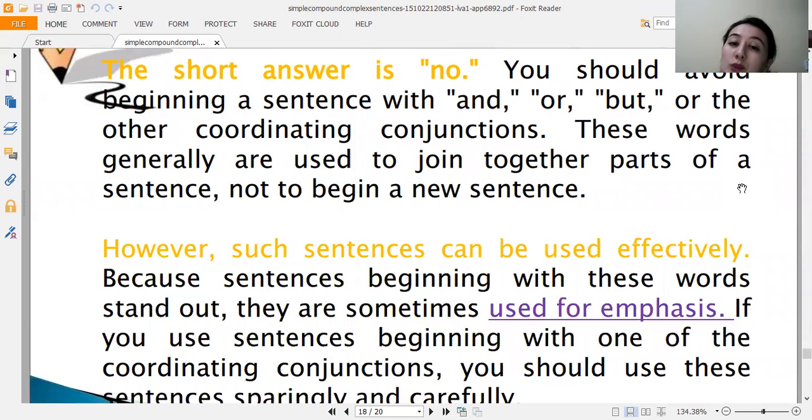But if we use these coordinating conjunctions at the beginning of a sentence, it is for emphasis, because they give some kind of effect to the speech.